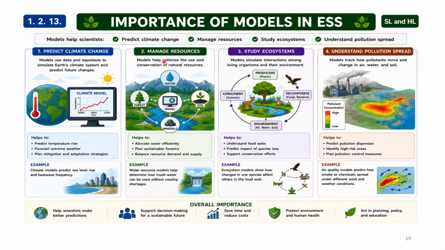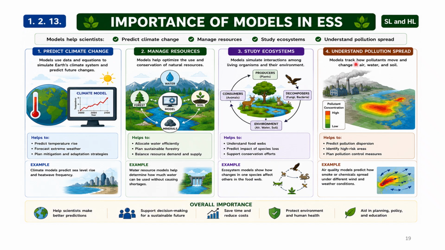Models are also essential for managing natural resources by estimating water availability, planning sustainable forestry, and balancing resource demand with supply. In ecosystem studies, models simulate interactions among producers, consumers, decomposers, and the environment, helping us predict how the loss of one species can affect an entire food web.